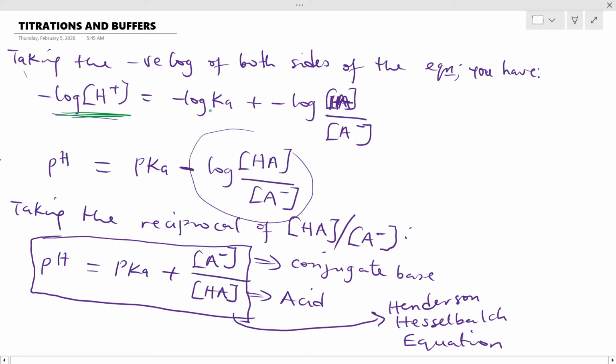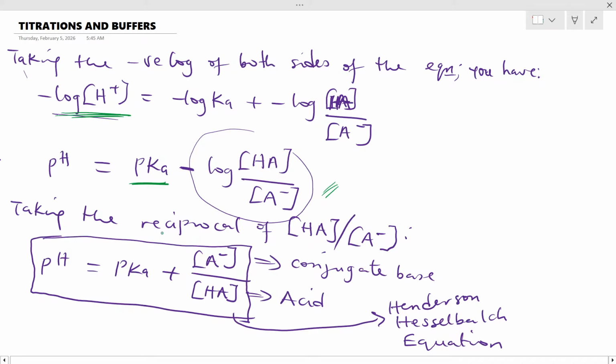When it is negative log Ka here, what you simply have is what? pKa. Remember I said it could be P anything: pOH, pH, pCl. Alright, so this plus sign, minus, multiplying this minus, gives you minus, and that's how you arrive at this point. The very next important step is what?